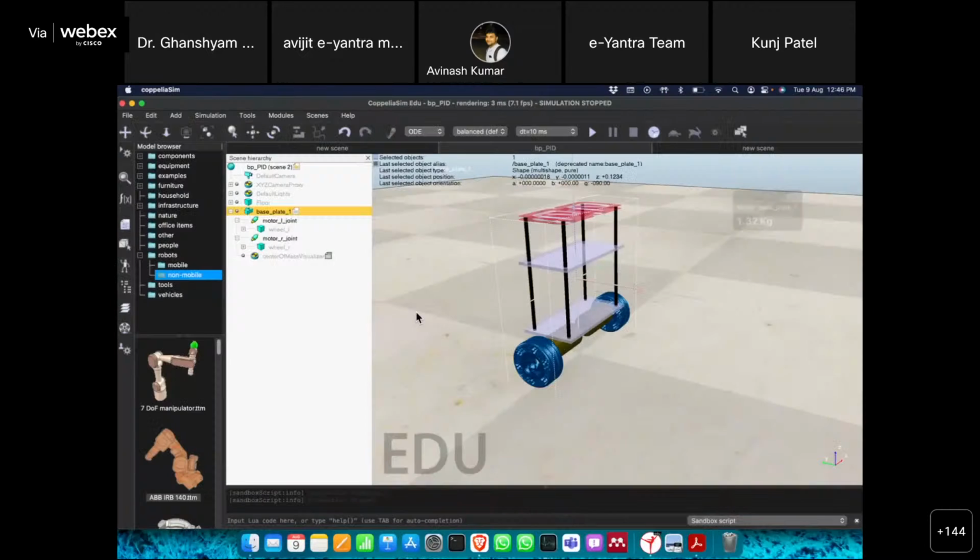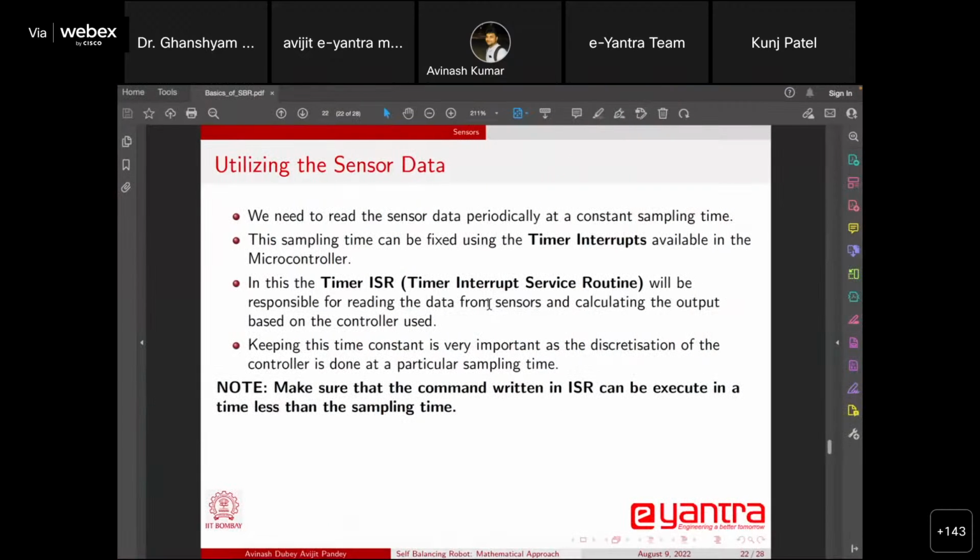For CoppeliaSim, it's very easy: you just set this DT to 200 millisecond, 100, 50, 25 or 10 millisecond. But in hardware, in microcontrollers, you do that using a timer ISR, timer interrupt service routine.